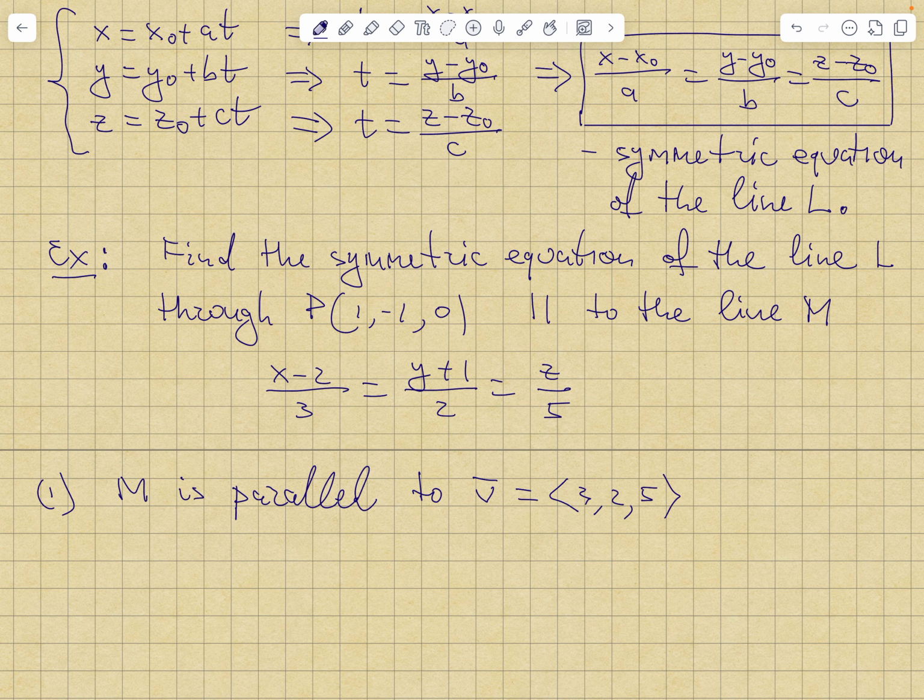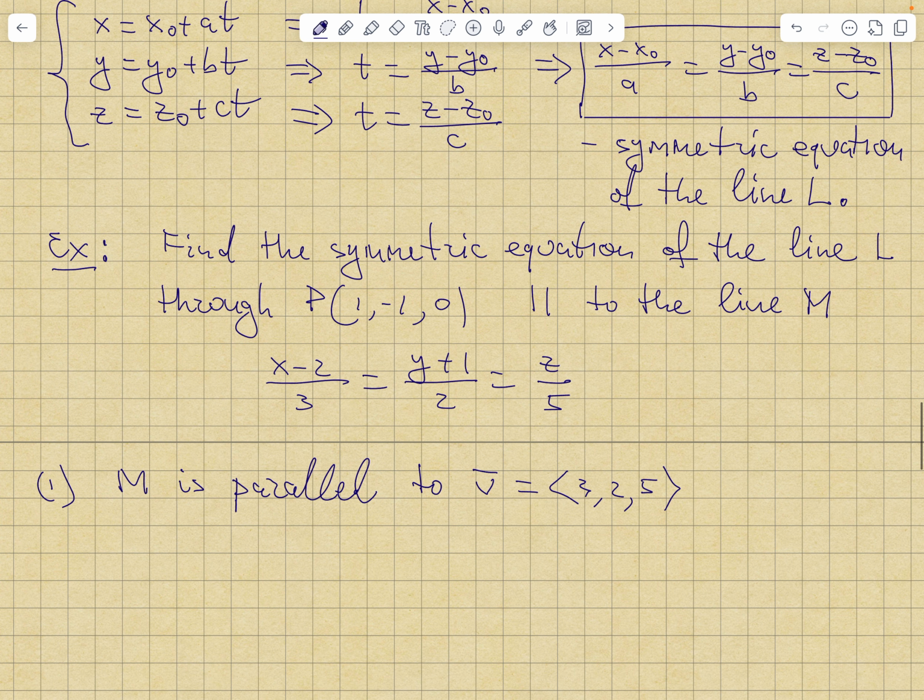And now I want the symmetric equation. Okay, so it's parallel to v, and therefore because L is parallel to M, L is also parallel to this v.